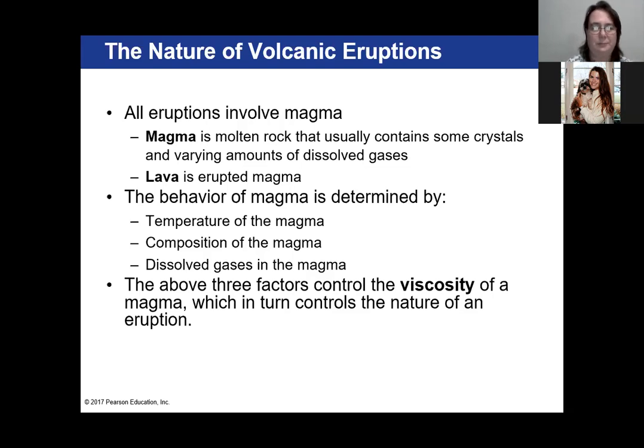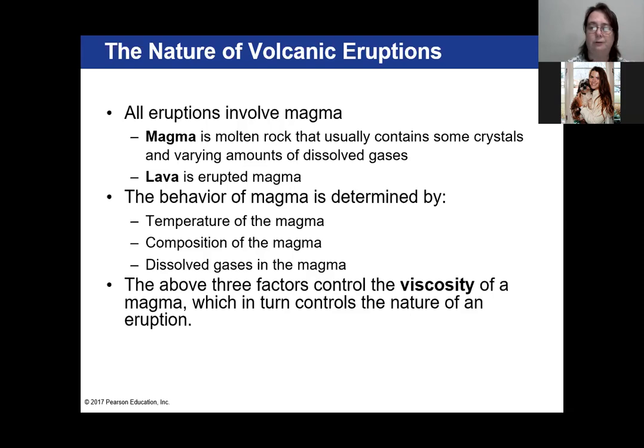So the magma can behave differently in different volcanoes, and definitely does. That is determined by what temperature it is when it either erupts from the surface or is stuck in a magma chamber and starts to cool and crystallize. What is the composition of the magma?